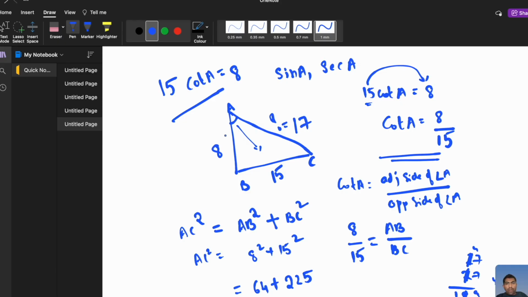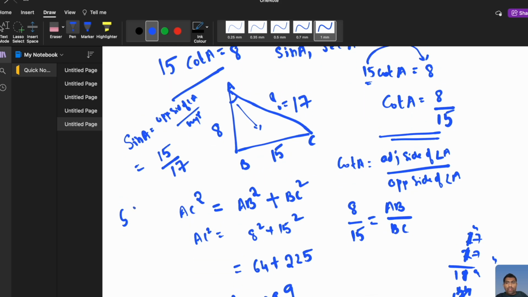Now finding sin A is very easy. Sin A is nothing but the opposite side of angle A divided by the hypotenuse. The opposite side is 15, divided by the hypotenuse, that is 17.